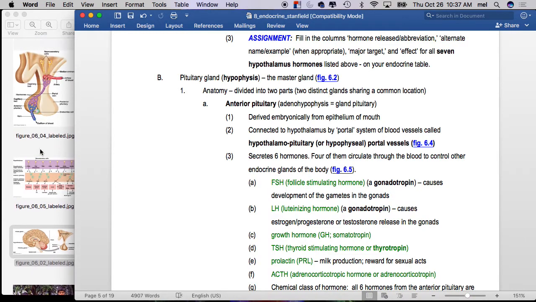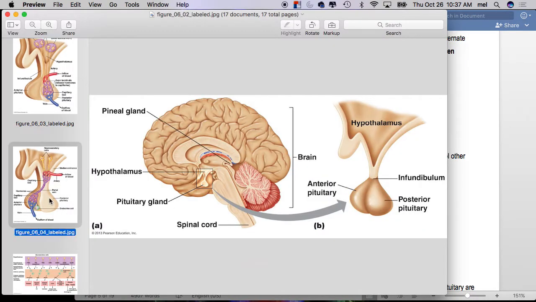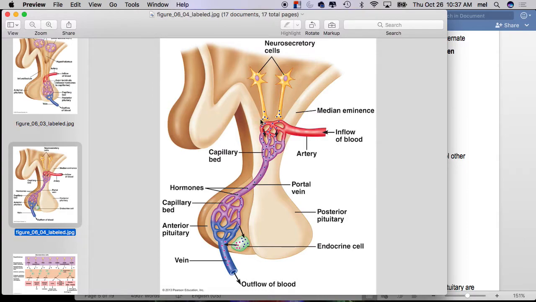And the adenohypophysis, one more time, is connected to the hypothalamus via this portal vessel, right? Two capillary beds in series. Unfortunately, they cannot figure out what to call that portal vessel. So if you see a portal vessel in the endocrine system, that's the one they're talking about. And it's between the hypothalamus and the anterior pituitary. Sometimes they call it the hypophyseal portal vessel.